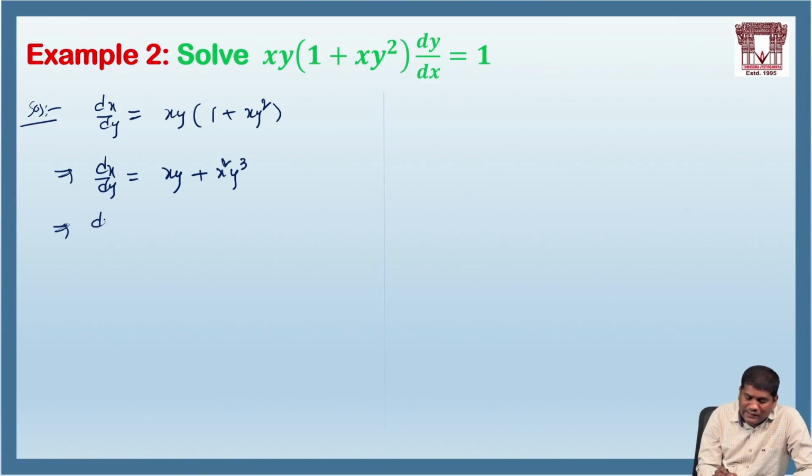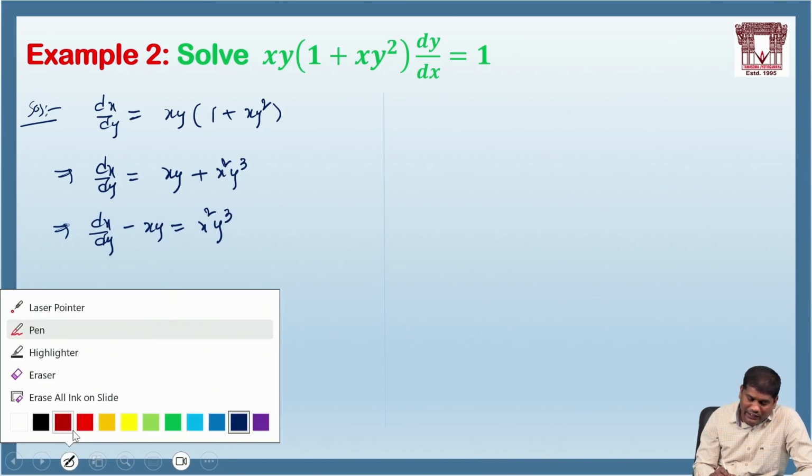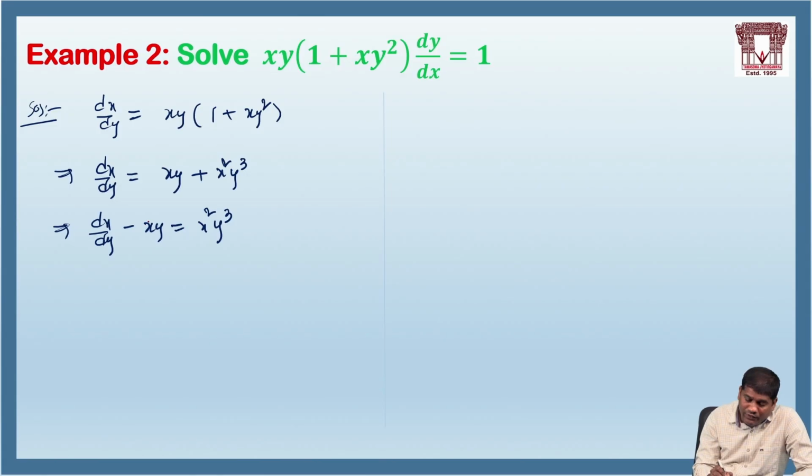Then that implies dx/dy minus xy is equal to x²y³. So that we can say it is a linear differential equation in x.